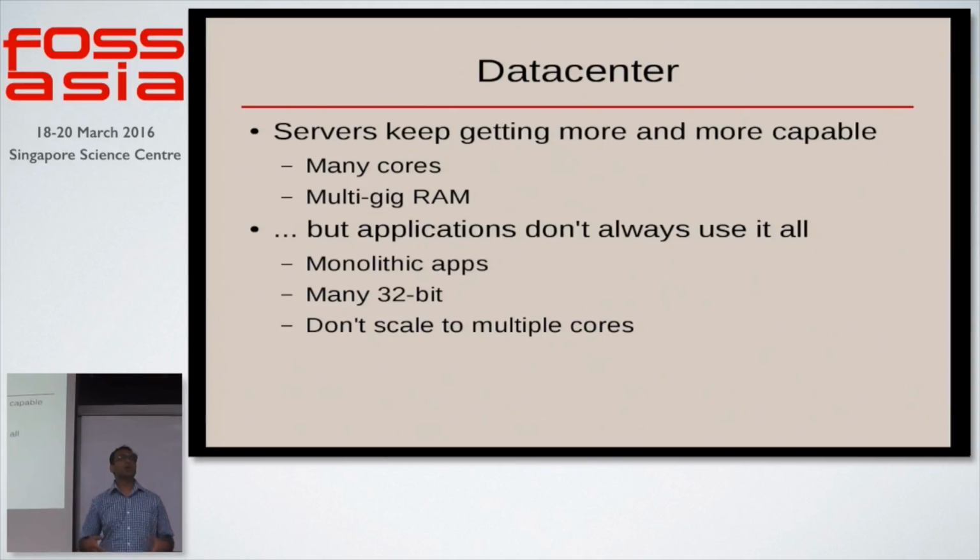The applications were not able to use all these new capabilities that were exposed by the servers. What ended up happening was, we run 32-bit applications on these huge boxes, and all the RAM goes to waste. The cores are also lying idle. And this is not an ideal scenario, because people have pumped in so much money to buy this new hardware, and they can't get the full use out of it.